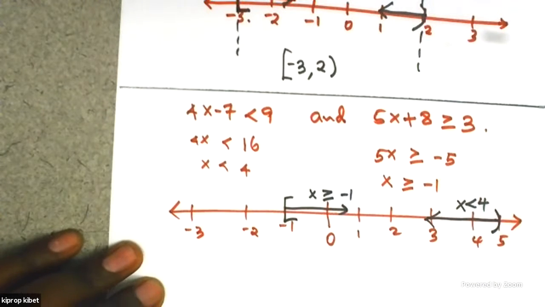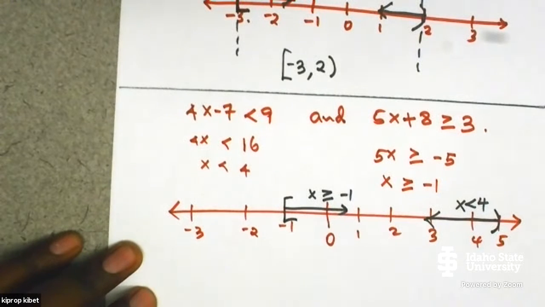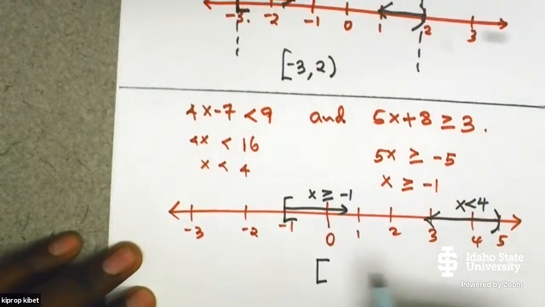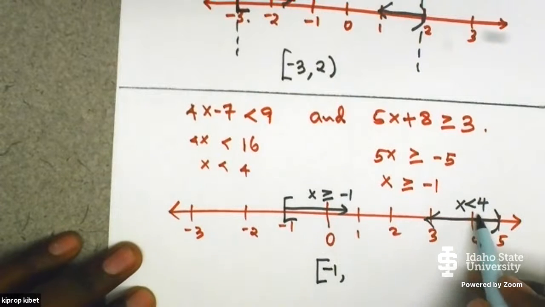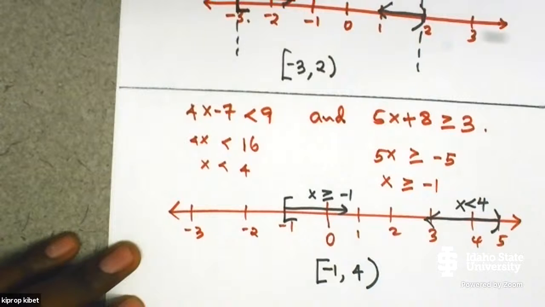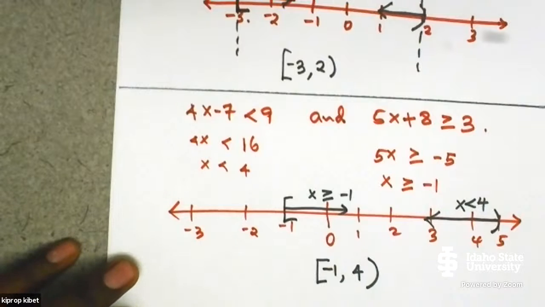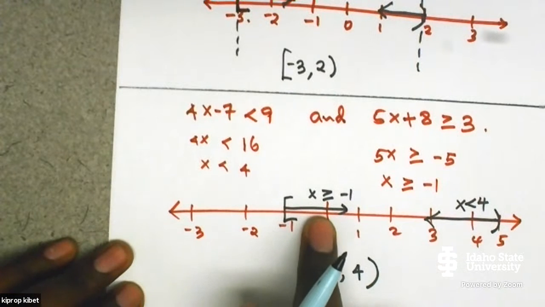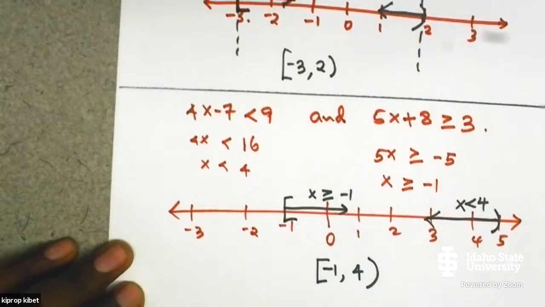So what is our interval notation here? Right? Minus 1, and then 4. Can we put that on forward? Put the bracket on the 5.